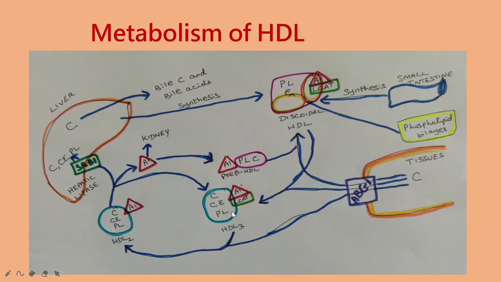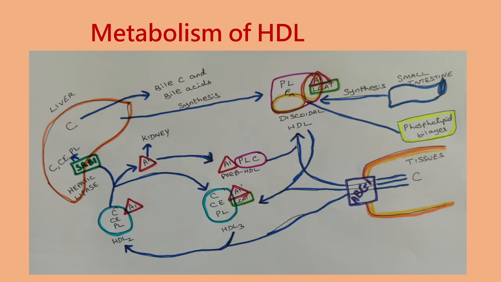So the LCAT system is involved in removing the excess of unesterified cholesterol from lipoproteins and tissues. In this way, HDL3, with the help of this LCAT, will also remove the excess of unesterified cholesterol from the lipoproteins and tissues.